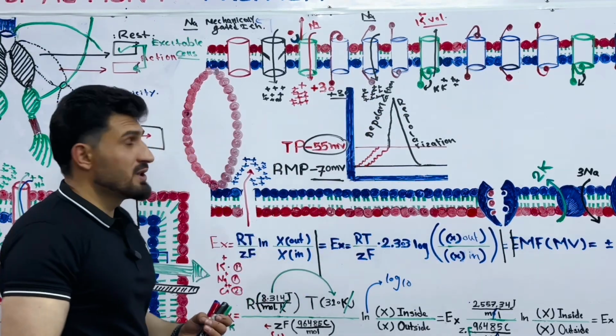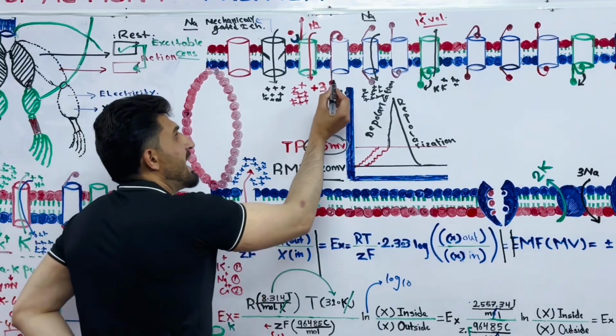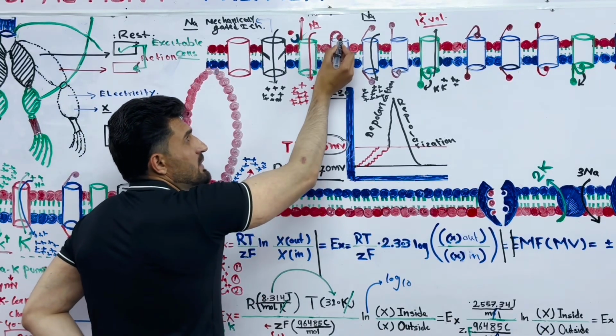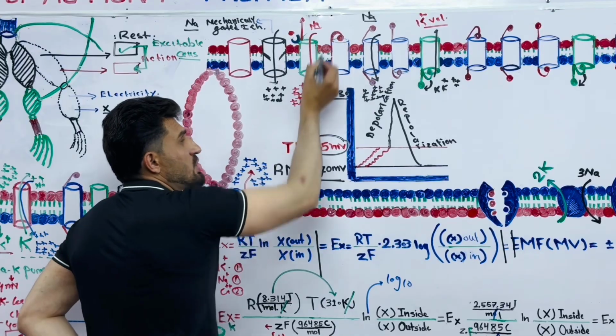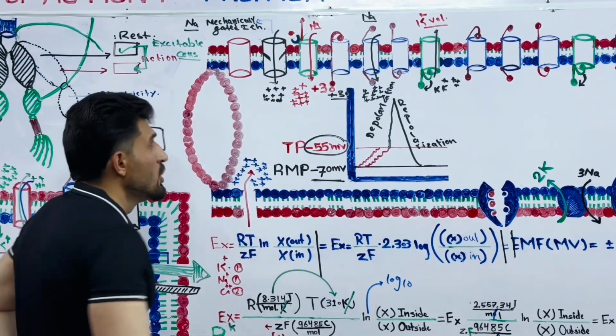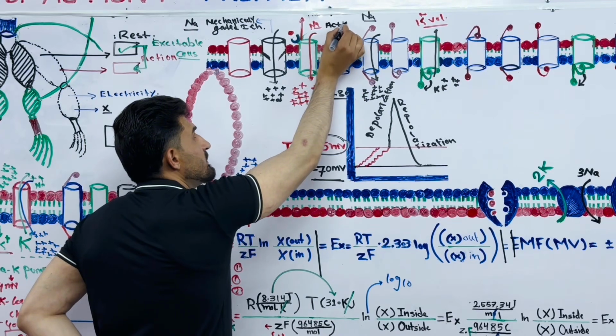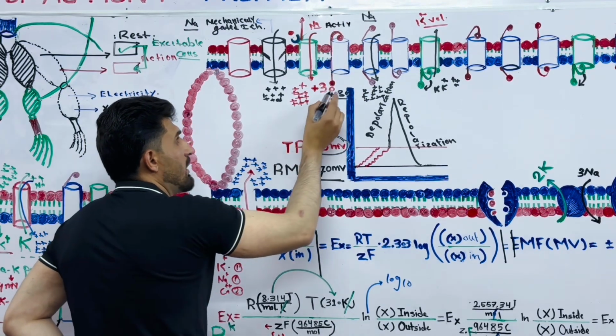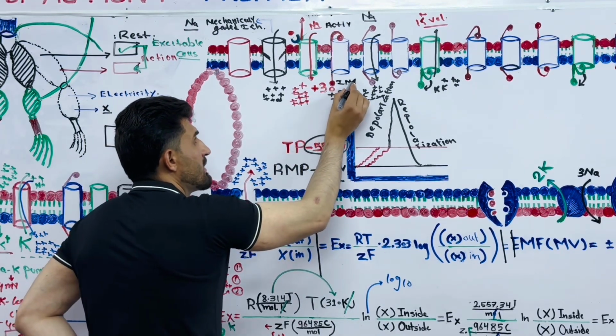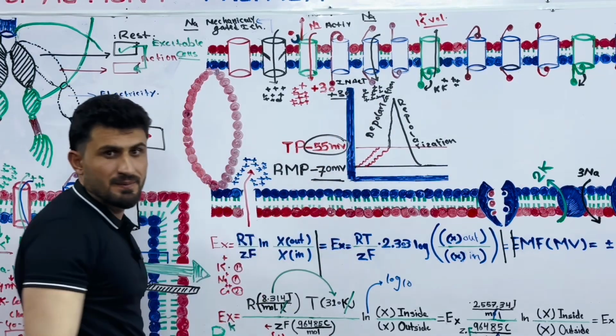Point number 3, sodium. Let me talk about sodium voltage gated channels. At rest, the sodium voltage gated channel has two gates. One gate is called the activation gate, and one gate is called the inactivation gate.